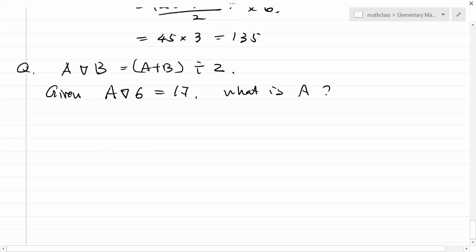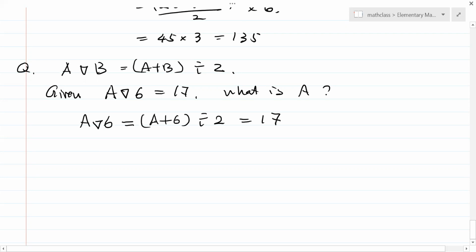All right, so the average value of A and 6 is going to be A plus 6 divided by 2 equals 17, right?